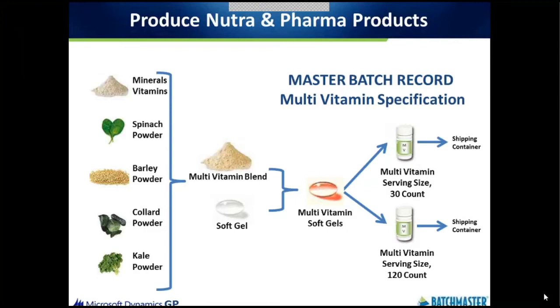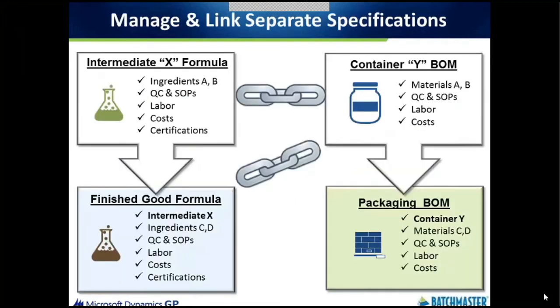And the one key thing that connects all these different types of products is that in the BatchMaster Manufacturing solution, the formula and the packaging specs are managed independently. So basically, you could have a team of product developers developing multiple levels of formulas, while your packaging designers can develop multiple levels of bills of material.